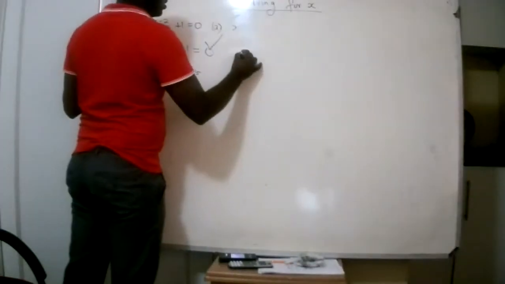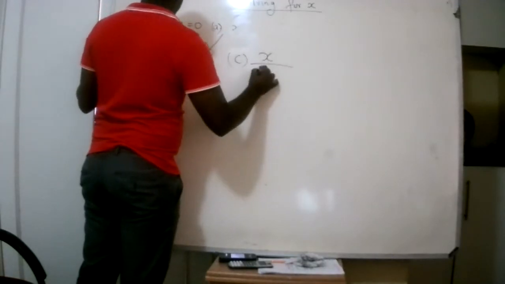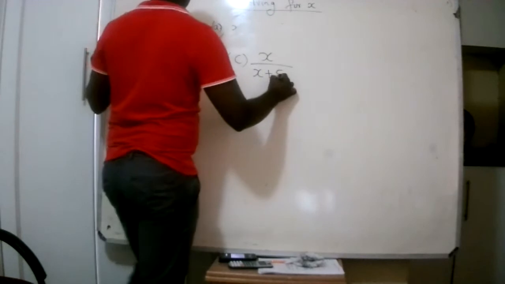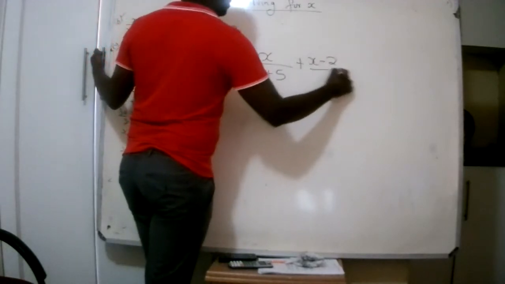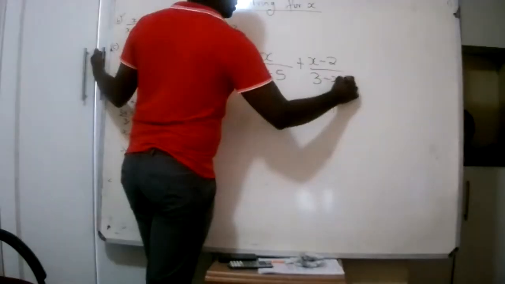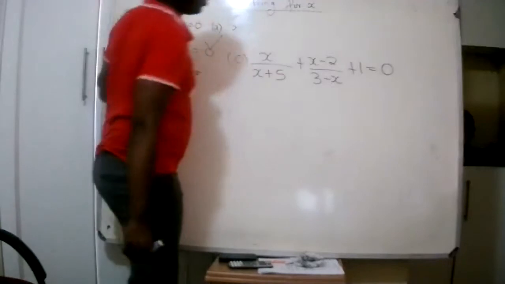Question number C. We have x divided by x plus 5 plus x minus 2 divided by 3 minus x plus 1 equal to 0.